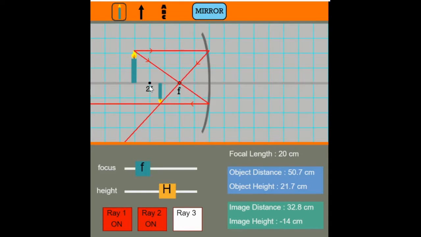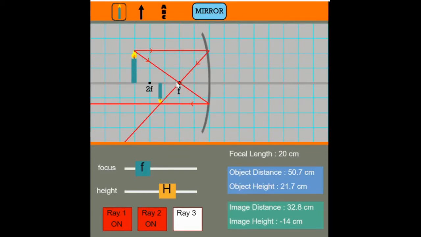Now we will go to another situation, when the object is placed beyond C. This 2F is the center of curvature. Now I am placing the object beyond C. When the object is placed beyond C, the rays are traveling and meeting at this point, so the image is formed at this point. Where is the image formed?